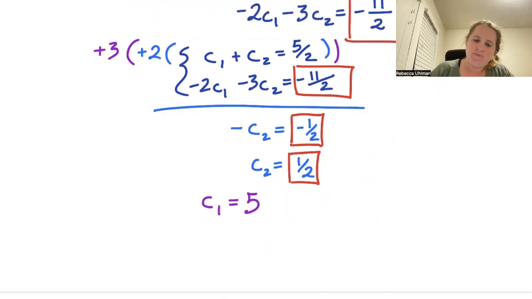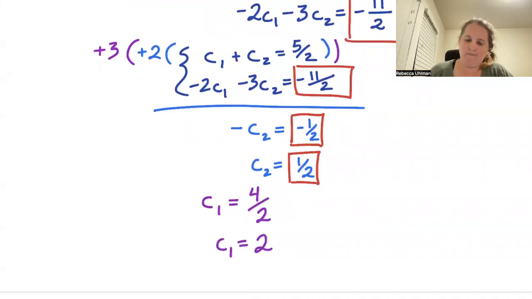If we do fixing for c1, negative 2c1 plus 3c1 gives us c1, and then we would have negative 11 halves plus 15 halves should be 4 halves. So c1 is equal to 2.